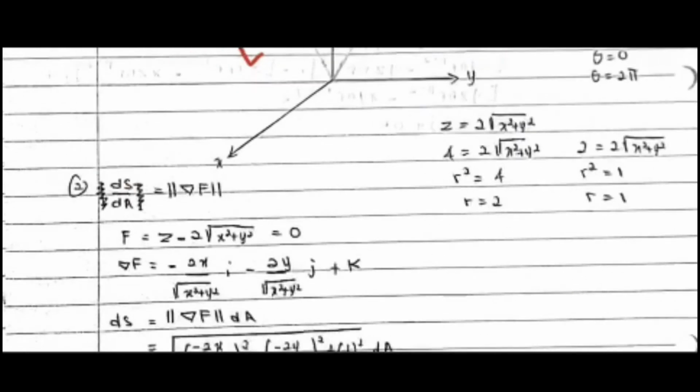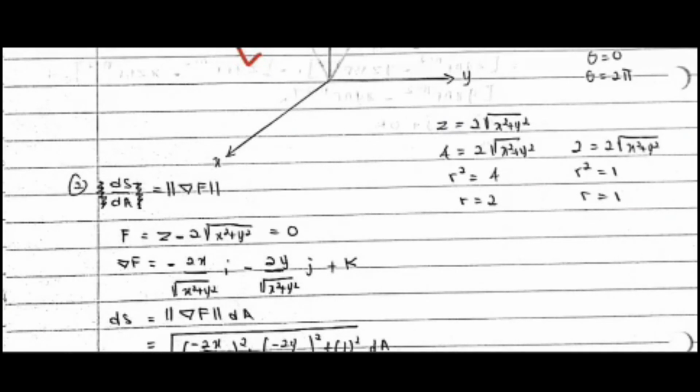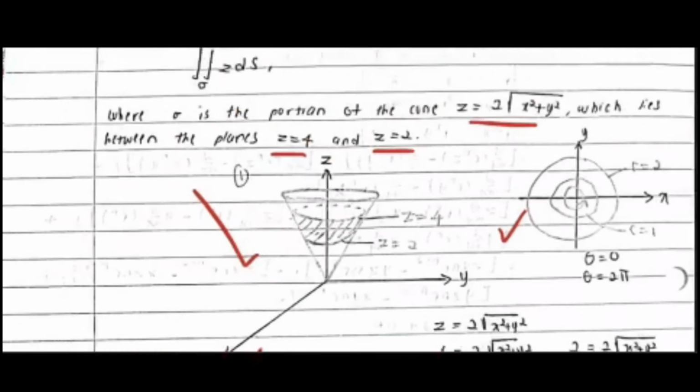Next, we need to find ds over dA, where ds over dA is equal to the magnitude of the divergence of f. We can find f from the equation of z. Move this equation here and it is equal to 0.